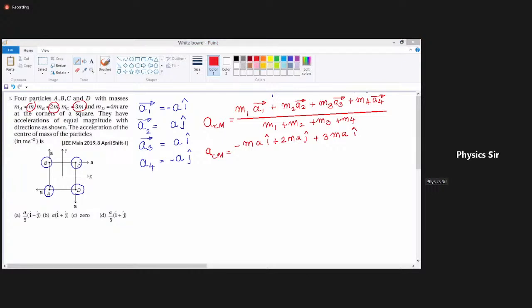And m4 is 4m, but this is minus A j cap, so this plus I need to write as minus, divided by m1 plus m2 plus m3 plus m4: m plus 2m, 3m plus 3m, 6m plus 4m, it is 10m.